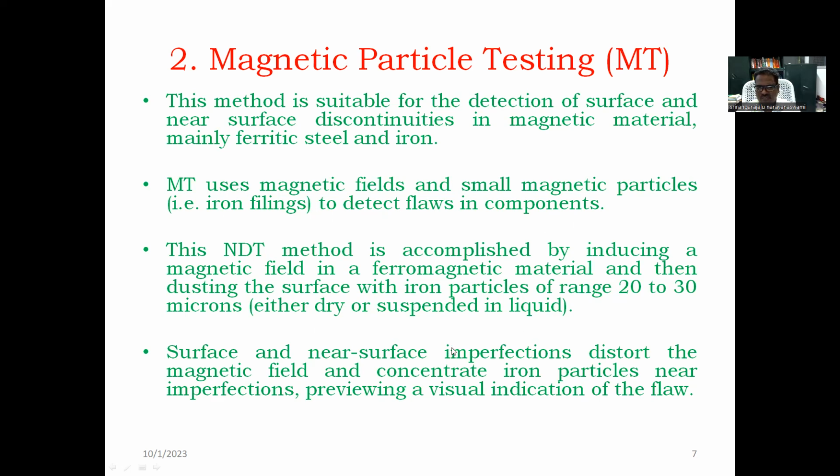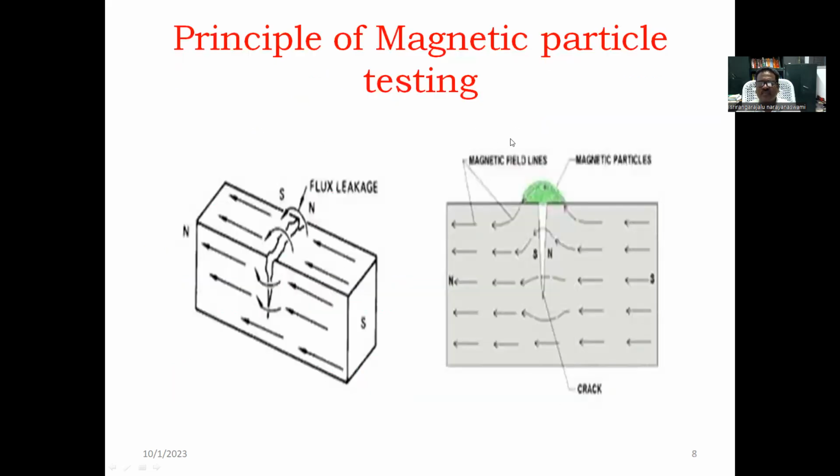Surface and near surface imperfections distort the magnetic field and concentrate iron particles near the imperfection, providing a visual indication of the flaw. In magnetic particle testing, where there is a crack, flux leakage will be produced. Here an iron particle cluster will form, and based on that, we are able to find the cracks and other things.